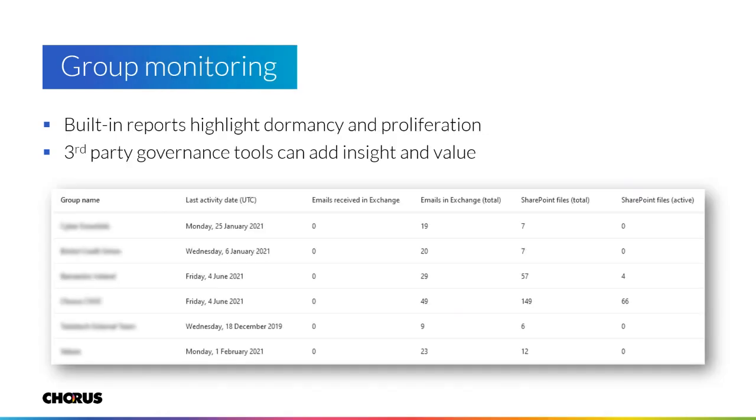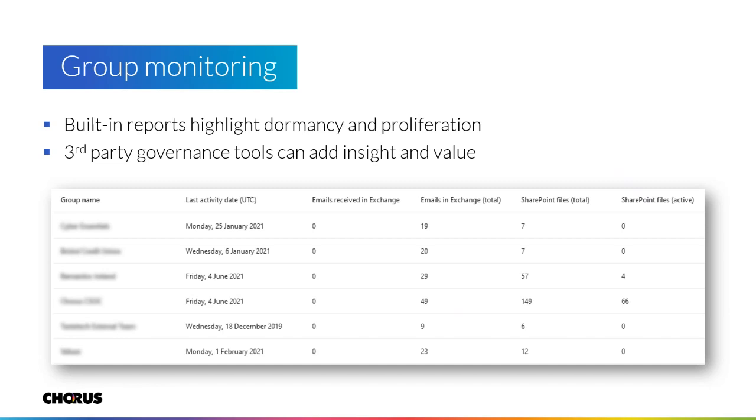You have also got the ability to monitor groups, which is useful for watching dormancy and proliferation. So the screenshot you can see here is from the Microsoft 365 Admin Center, and you see our list of groups, and we can see when they were last active, so when people were last viewing files or actively participating, and we can also see which of the workloads it's storing information in.